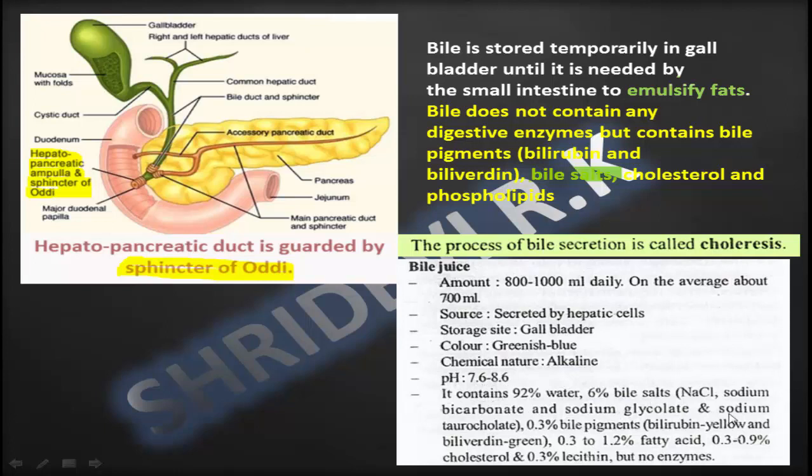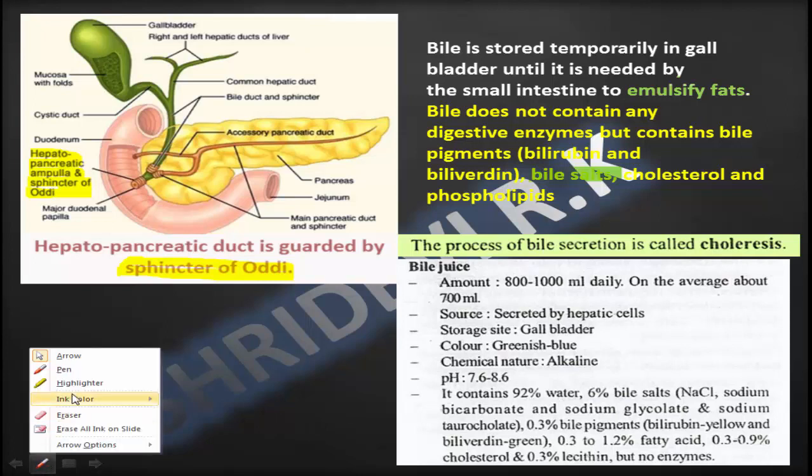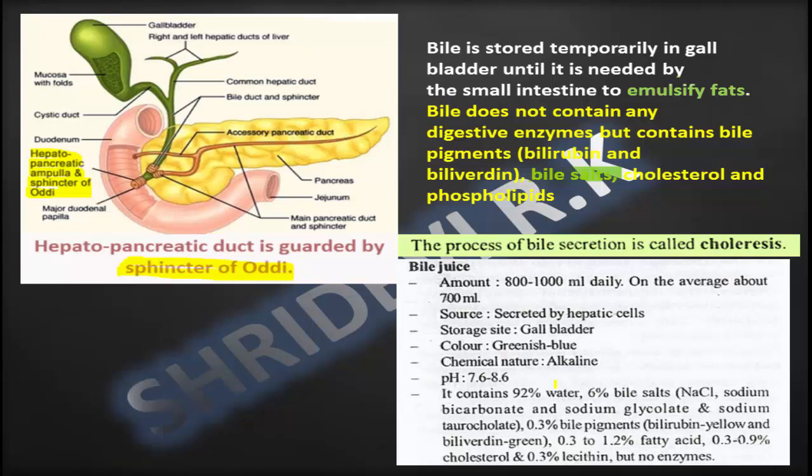Then other details, it contains 92% water, and look at the percentage of salts. 6% of the bile juice contains bile salts. It is NaCl, that is sodium chloride, sodium bicarbonate, sodium glycolate, and sodium taurocholate.